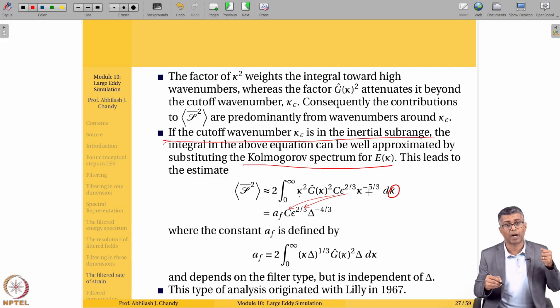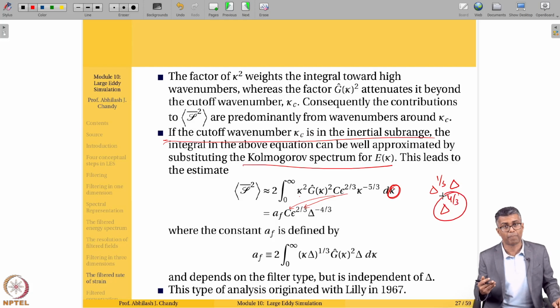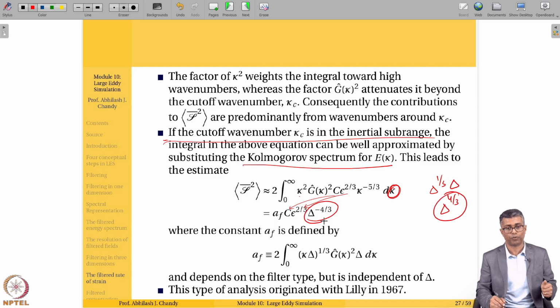So in order to scale that kappa to the 1/3, I would need a delta to the 1/3, and another delta from here. So delta to the 1/3 multiplied by delta becomes delta to the 4/3. This is what I need to multiply it with, which means I need to divide by that as well. That is where this is coming from, delta to the negative 4/3.